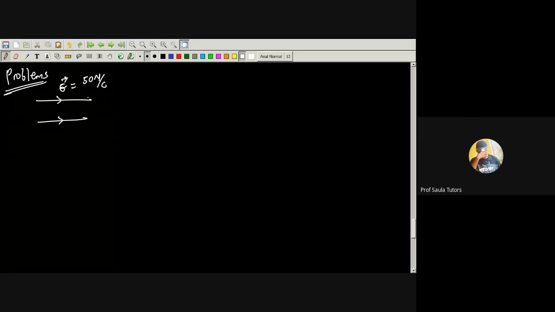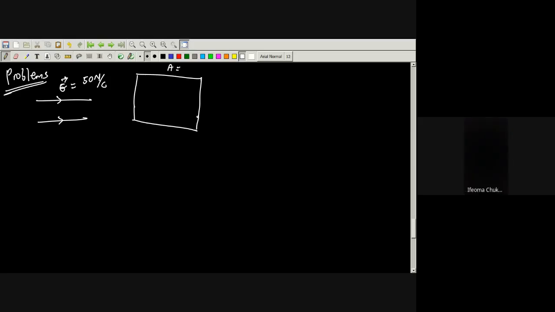You have the direction here, and we are looking at it entering this surface, and this surface has an area of 80 meters square.